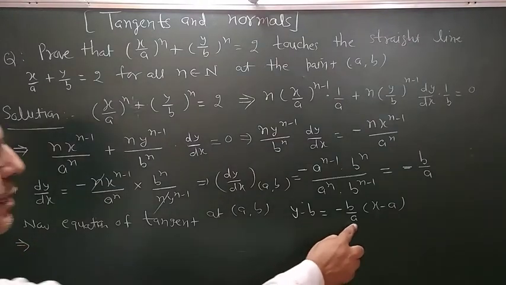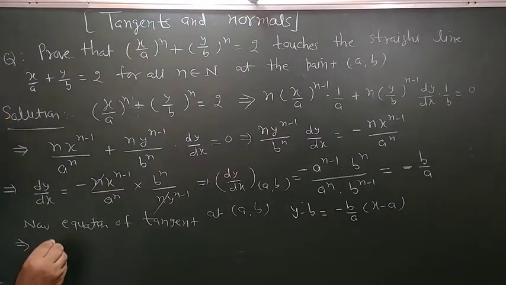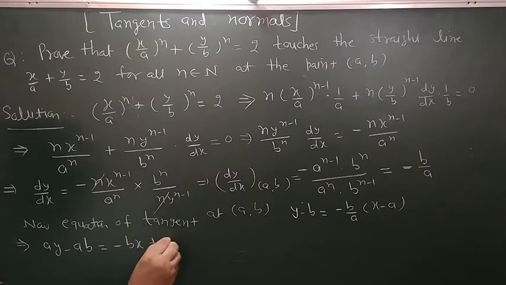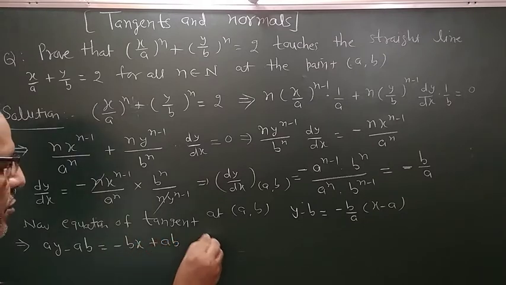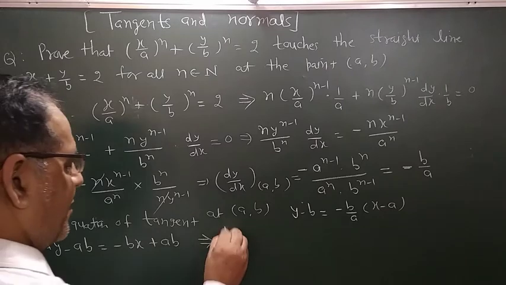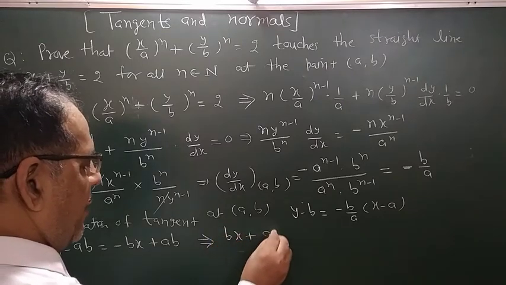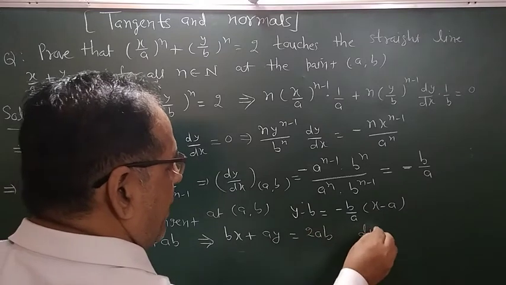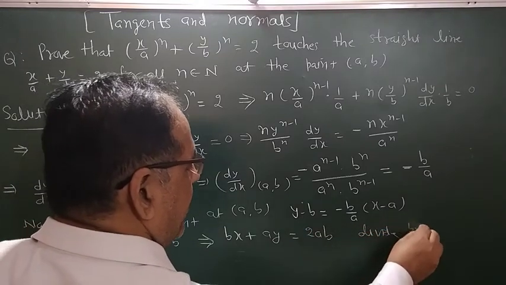After cross multiplying we have ay minus ab equal to minus bx plus ab. Now transferring this, we have bx plus ay equal to 2ab, divided by ab.